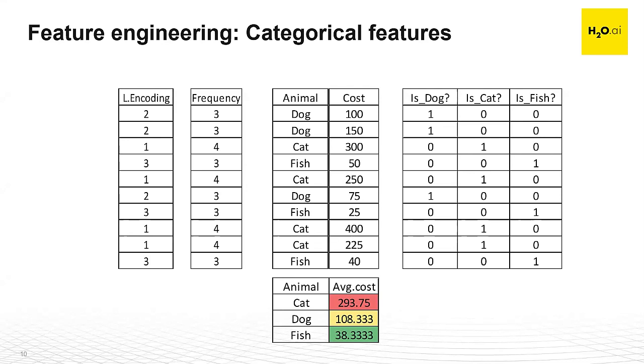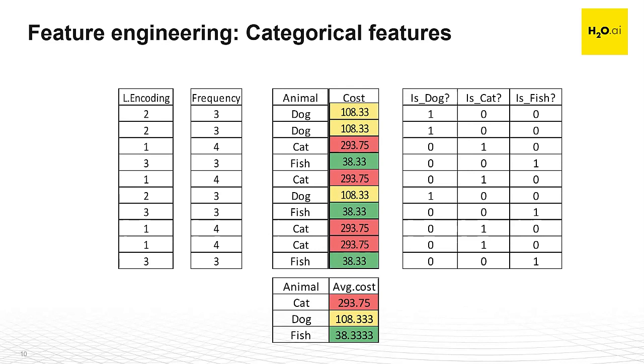And I can then essentially replace with these values. So instead of having a dog, I can have the average cost of the dog. If I try to predict the cost, then I already have a feature that directly maps the target variable, and may make it easier for algorithms to extract the signal and predict the target.